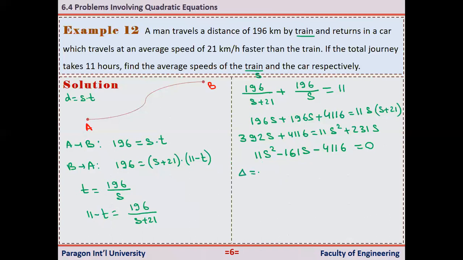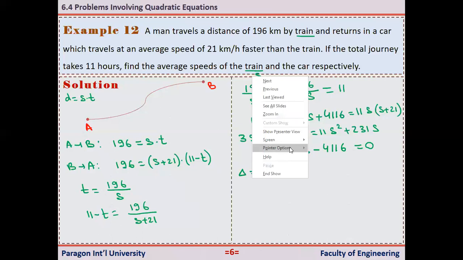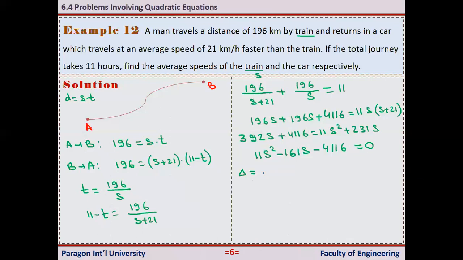So delta is equal to b squared, 161 squared, minus 4 times 11 times minus 4116, which is equal to 161 squared plus 44 times 4116.